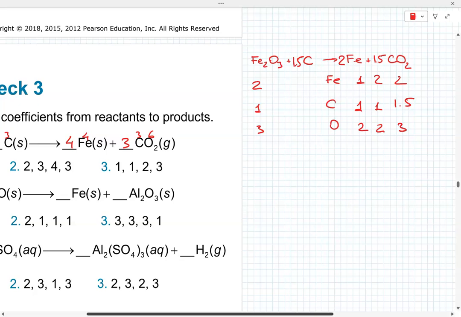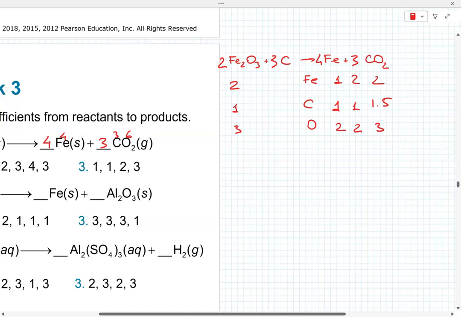So, Kaylee, are you with me? So, we multiply everything by 2. Does that step make sense? After all this trickery, how many irons do we have on the left?